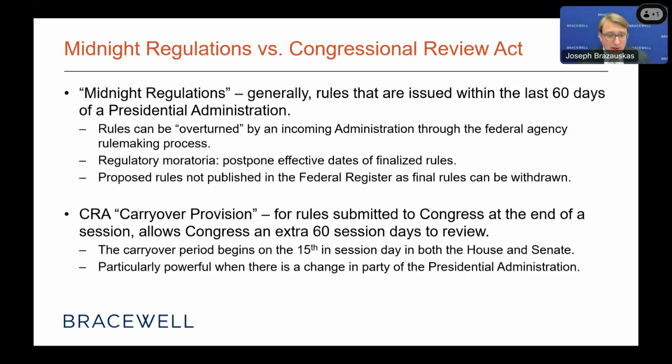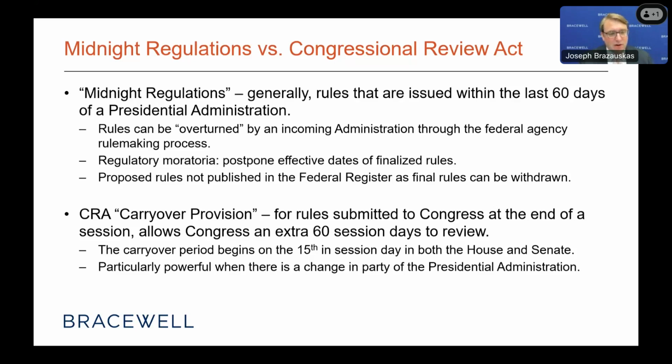This also works if, for example, the presidential administration is the same as the previous one. However, when there is an alignment in parties between the president and Congress, that is what gives more of the power to actually overturn and disapprove some of these rules.